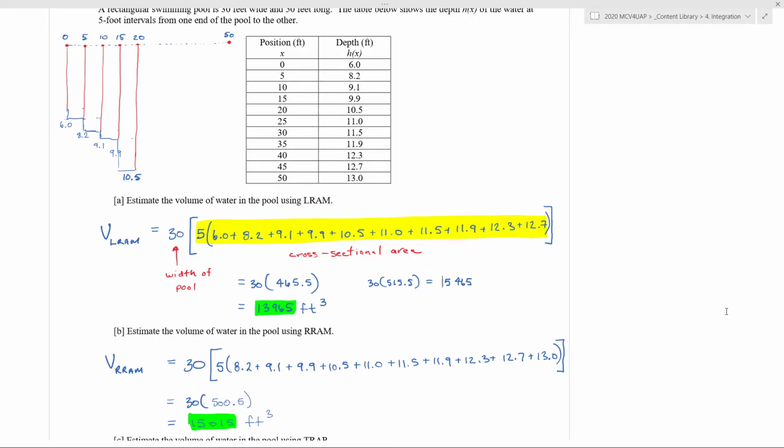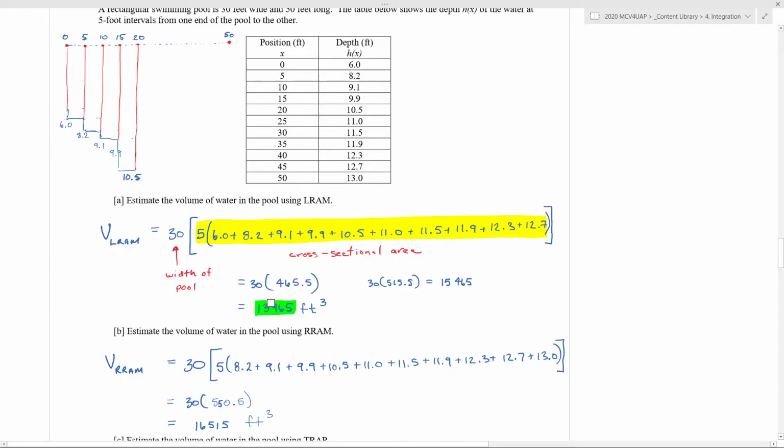Does that make more sense? Let's see. Times 30. 16,515. Yeah, that's what I got. Okay, let me change that. 16,515. So it's a good thing you guys did that. I appreciate it. So let's fix this. I don't know why I'm getting different answers all the time. All that is a puzzle to me. 515.5.